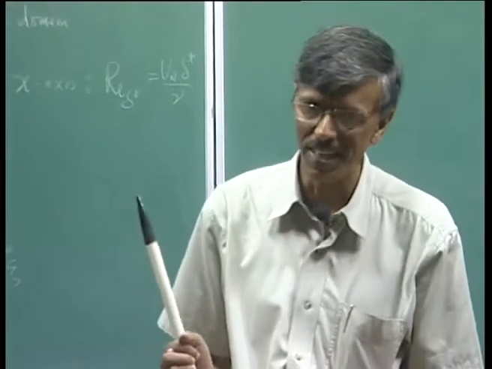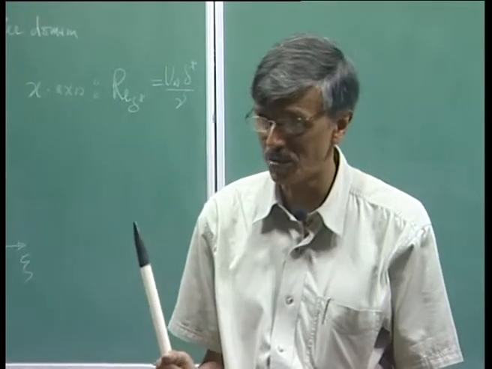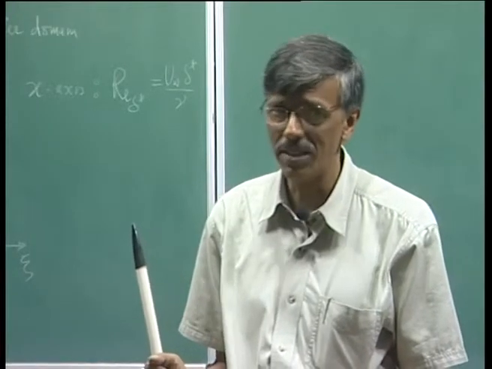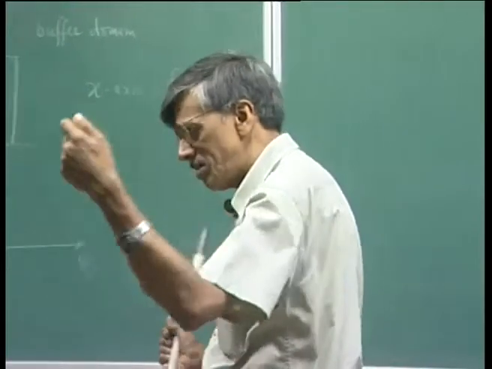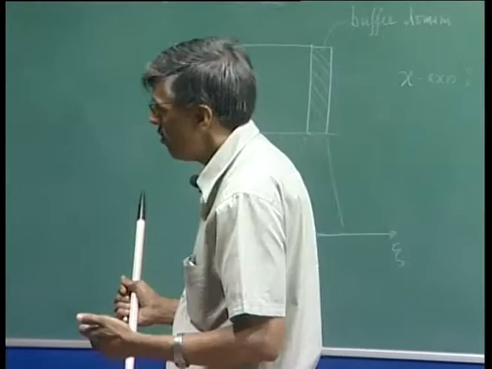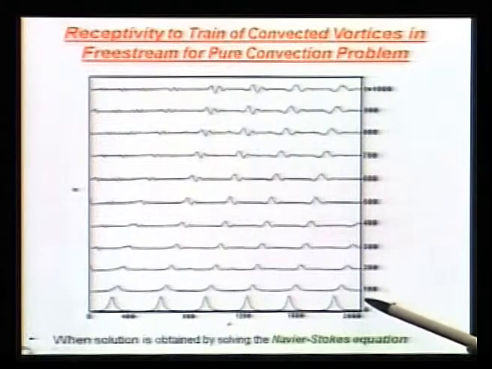This is significantly different from what we have learned when we talked about Kolmogorov's mechanism, the cascade, where due to nonlinearity we transfer energy from low k to high k. But here, it is a linear mechanism.